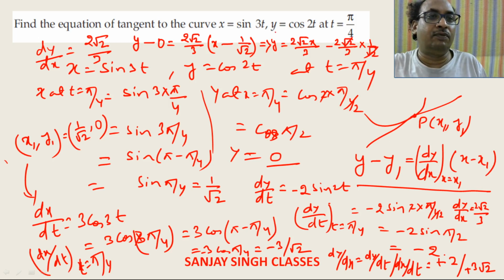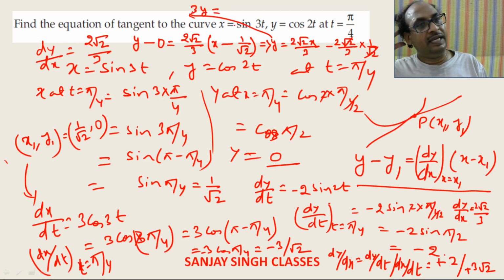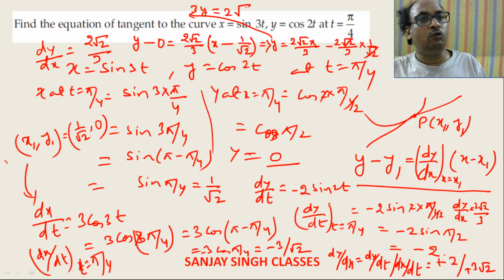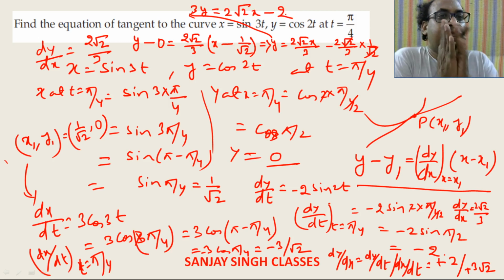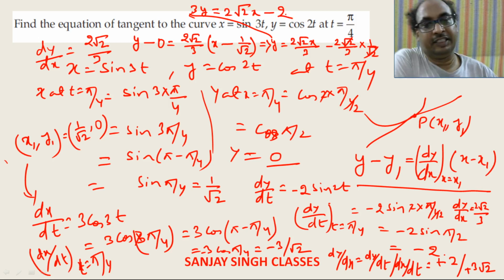Taking the LCM, 3y is equal to 2 root 2x minus 2. So this has become the equation of the tangent.